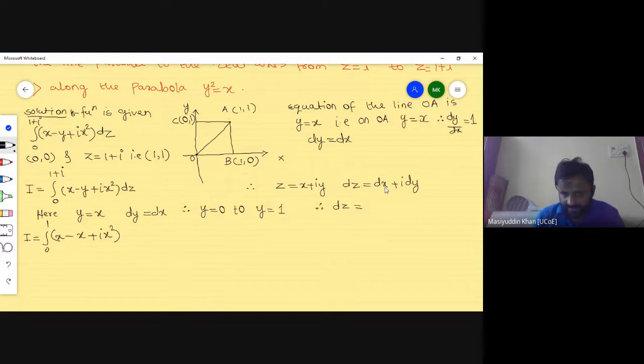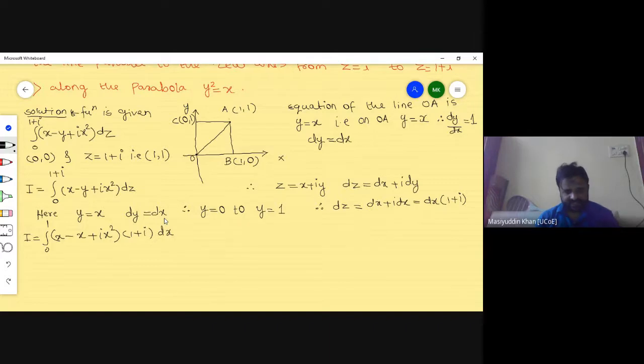We have to substitute dy is equal to dx. So dx plus i dx. Therefore dx we are taking common, so remaining is 1 plus i. So this is our dz. So we have to substitute dz is equal to 1 plus i into dx.